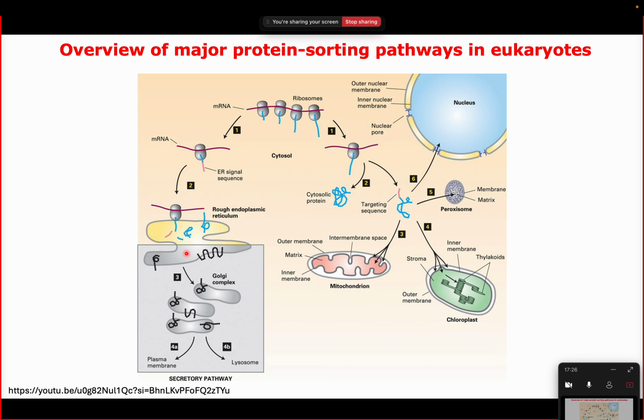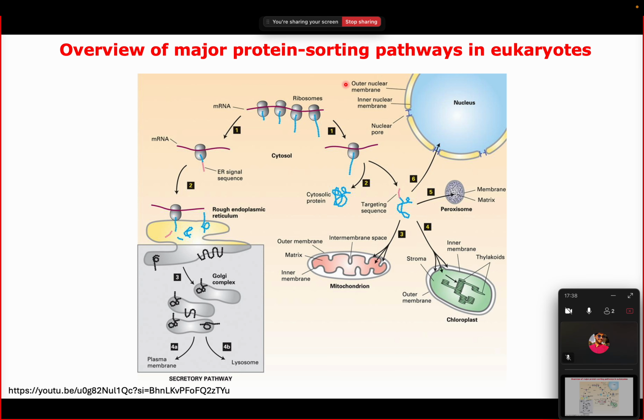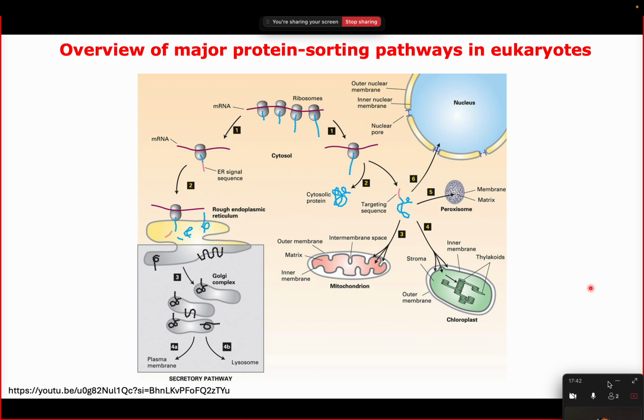On the other hand, after some time into the translation, some proteins are not sent into the ER and they stay in the cytosol. Correct? So there has to be something in the translating protein itself which targets the translating machinery towards the ER. I hope you understand, right?